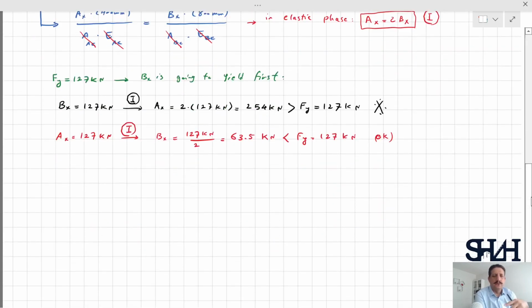We increase the load from 0 until AX, the AC internal force, reaches 127. At this point, element AC is on the edge of being plastic, and element BC is halfway, because it is 63.5.